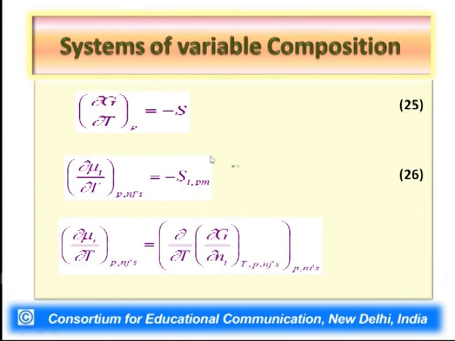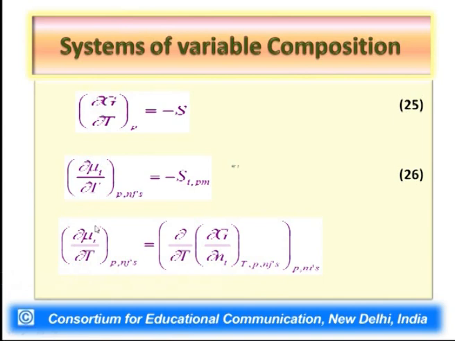What I am trying to say is that we have just concluded that partial molar quantities are also related in the same manner as the complete quantities. If that is true, then this relationship must also hold true. Let us see how we can derive it. Let us take the left hand side of equation 26, del mu I by del T at constant P and Nj. Now, what is mu I?